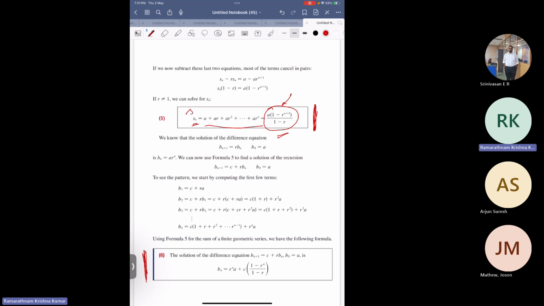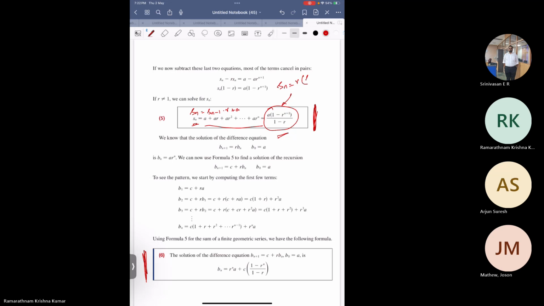So actually, this equation is Sn plus 1 is equal to Sn into R plus A. That's the equation. So when I keep substituting, let me put it so that I don't confuse you: Sn is equal to Sn minus 1 into R plus A. Now, when I keep substituting for Sn minus 1, how do I write it?